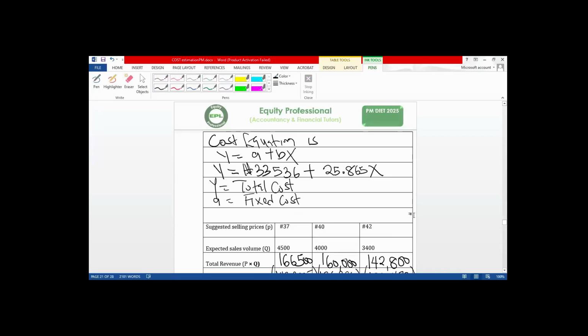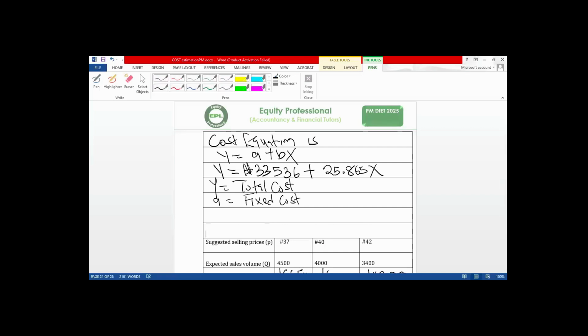I'm going through this again to aid our understanding. Our small letter B is the variable cost per unit. Our letter X is the volume.